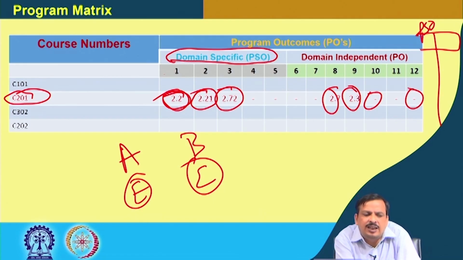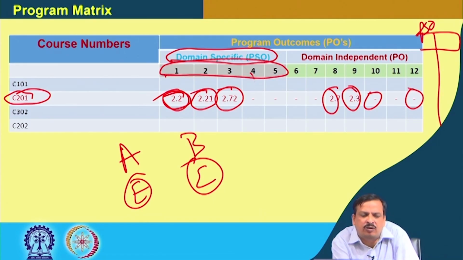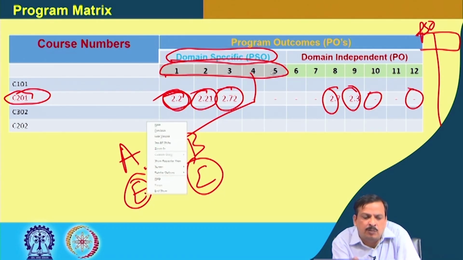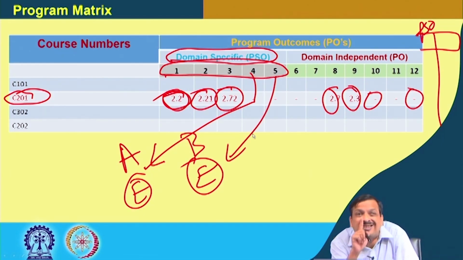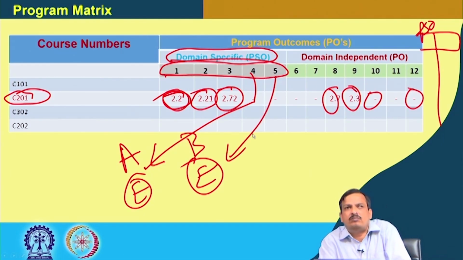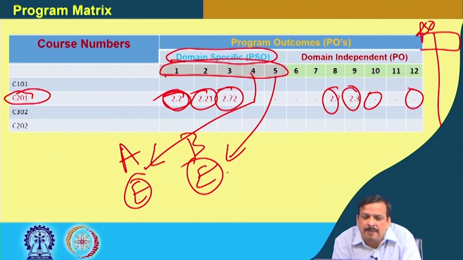So, when I say that these 5 are adopted for the electronics department, the adaptation of these 5 by this institute's electronics department will not be the same. If you write that they are the same, then you have to add PSO.